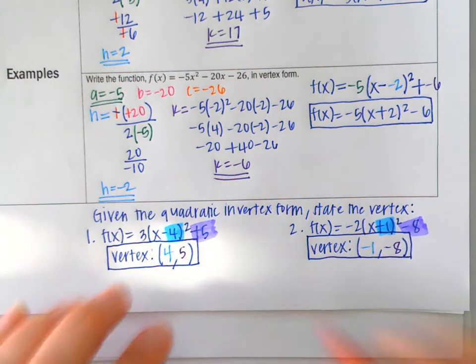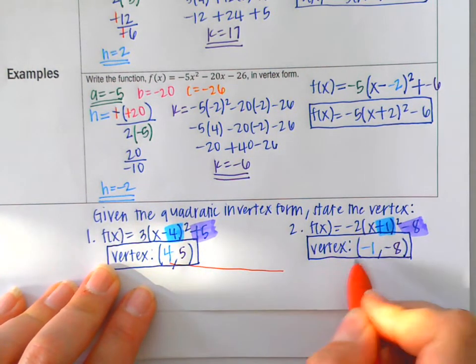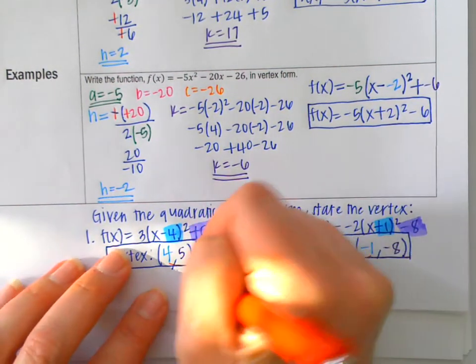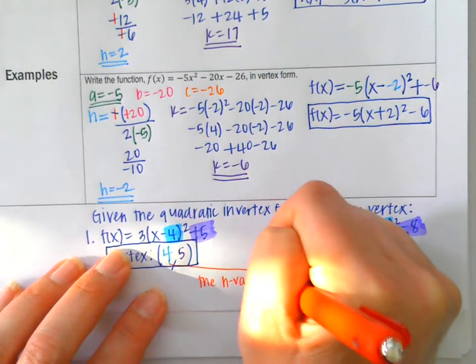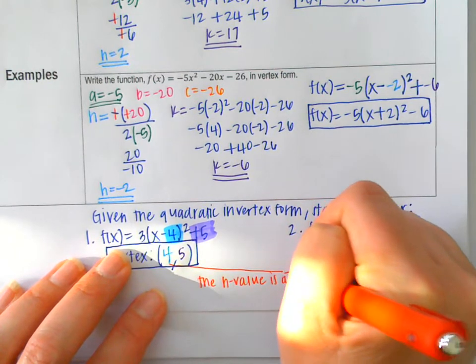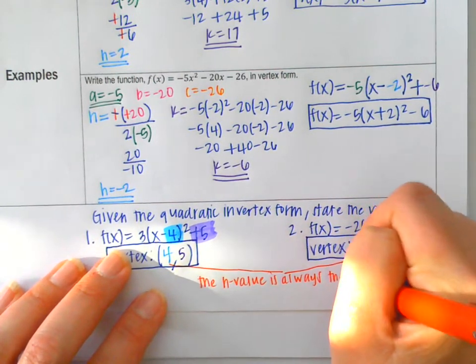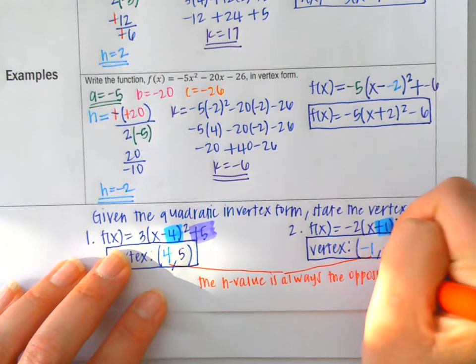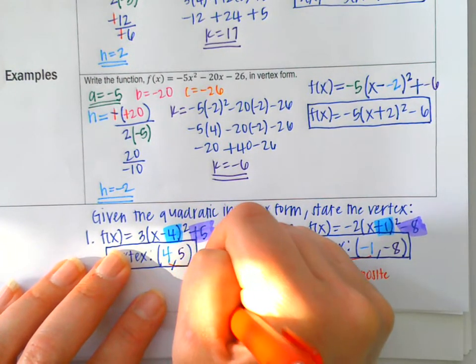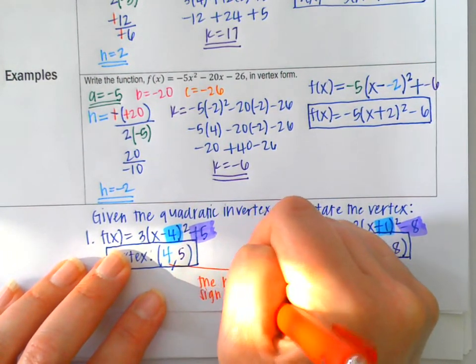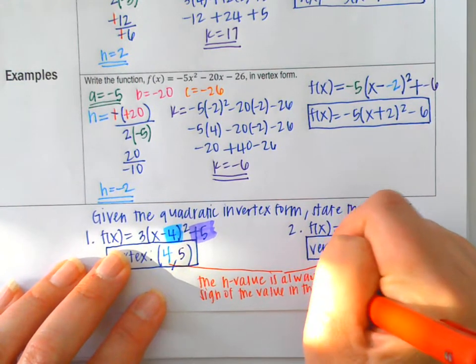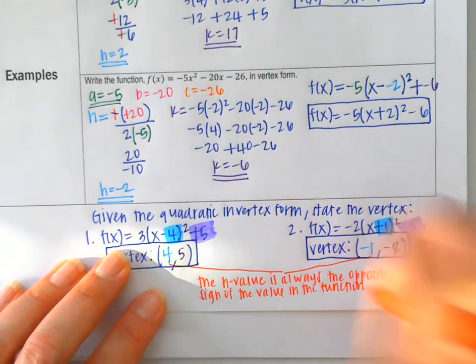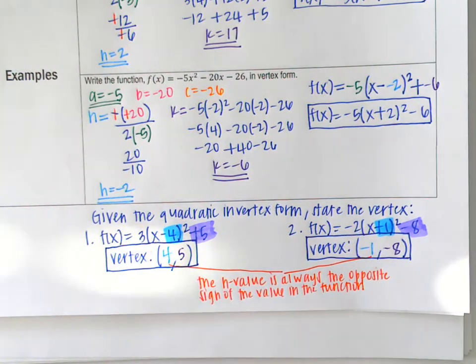And so the note that I was going to make, which I wanted to use both of these: the h value is always the opposite sign of the value in the function, which is what I've been saying. And that's it. So that's your notes. That is our last notes.